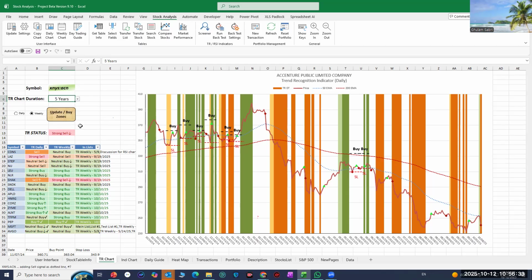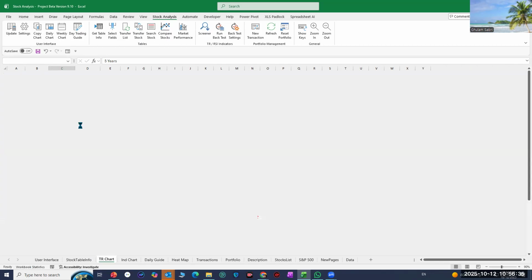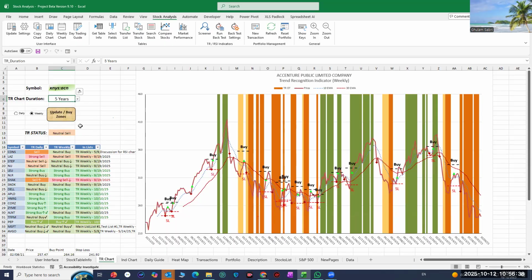Now, the TR chart does not predict what is going to happen. It tells you what exactly is happening, and you evaluate the stock from that. This is the 5-year chart for the TR chart, and you can see whenever it tries to come back, it normally fails its green zone, and for a long period of time, maybe since last year, it has been in a red zone.